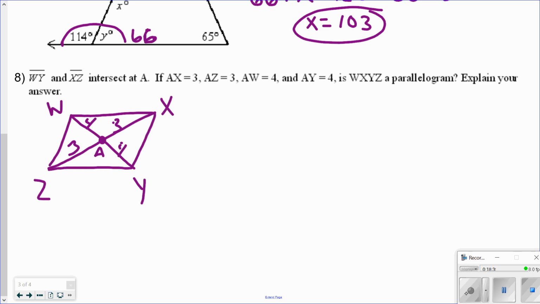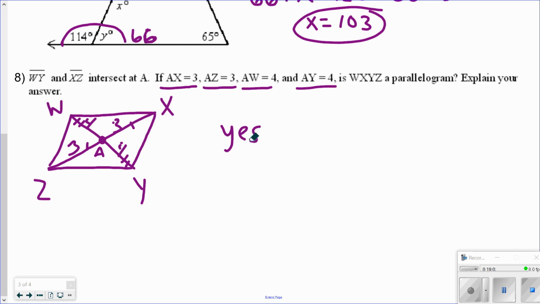So we know that we have diagonals going on here, and they intersect at point A, and it also tells us that AX is 3, AZ is 3, which I drew here. AW is 4 and AY is 4, which I have here. Is this a parallelogram? Well, the answer is yes.